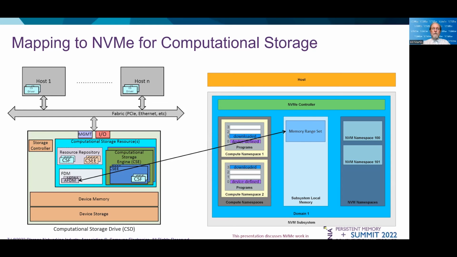So while the diagram in SNIA shows the AFDM in a separate block within NVMe, you could, in essence, look at AFDM being a mapping that is done within the computational storage engine to a particular set of memory addresses within the subsystem local memory.